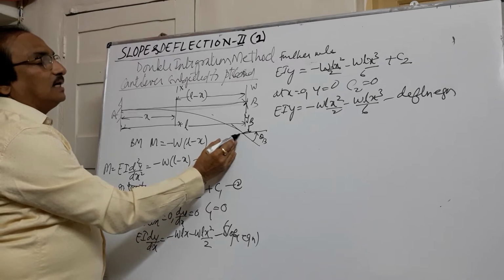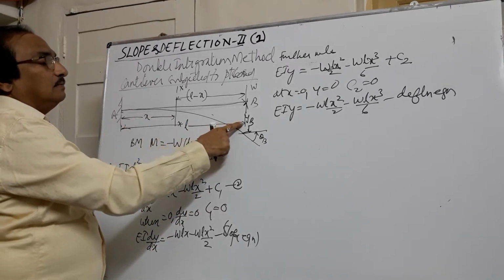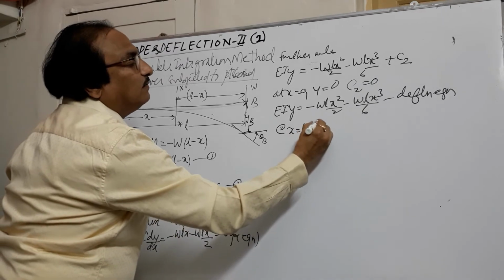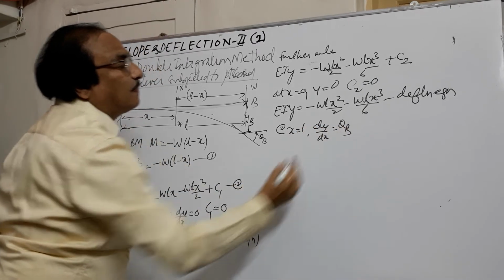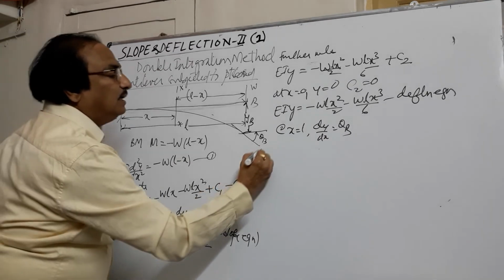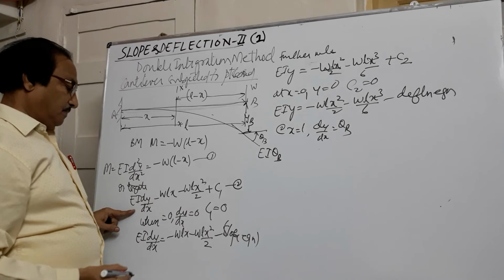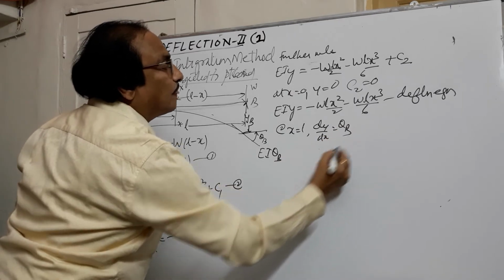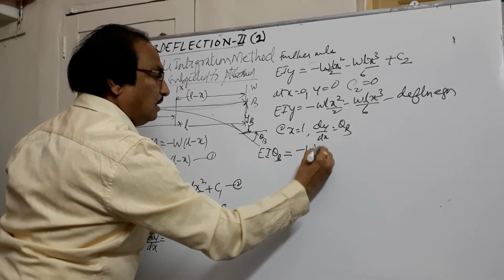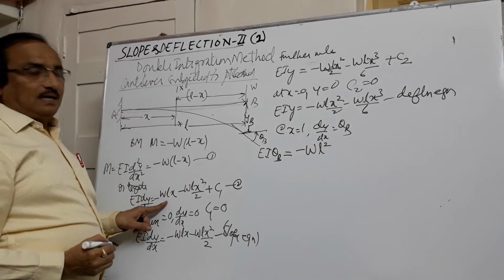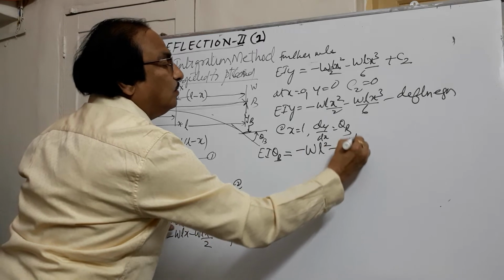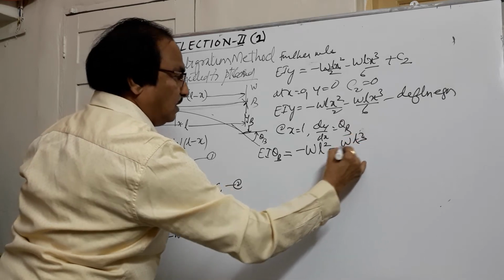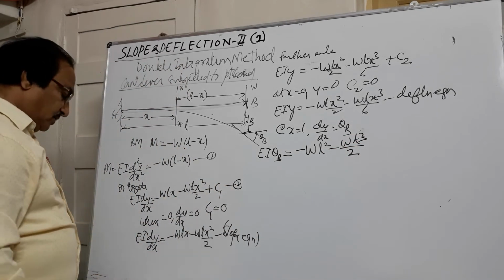Now here there is a rotation at B. So when x is equal to L, the slope is theta B. From equation 2, if I substitute x equal to L, dy by dx will be equal to theta B. Substituting, EI theta B is equal to minus W L square, minus W L square by 2, plus C1 equal to 0.